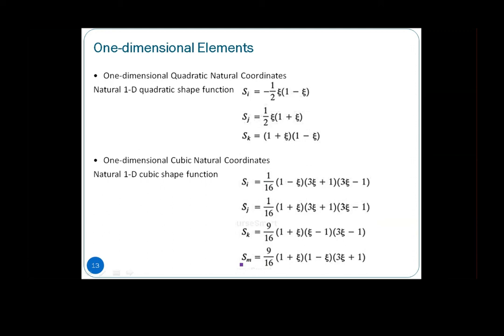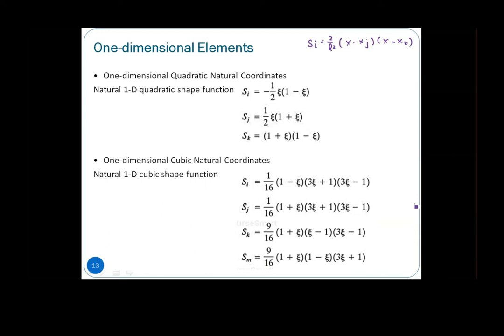Just one example: if you have this Si for a quadratic, in our global coordinates that we determined just now using the Lagrange interpolation method, you have 2 over L square, x minus xj, then x minus xk. That is what we obtained previously in global.